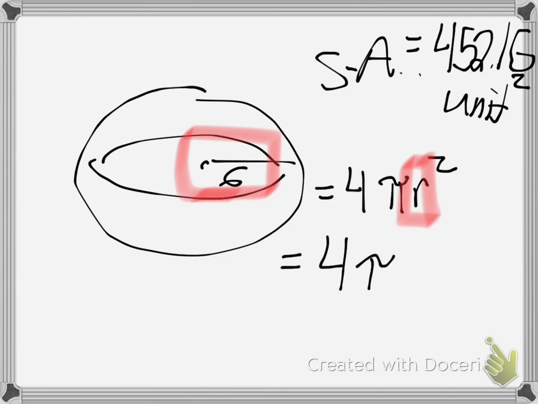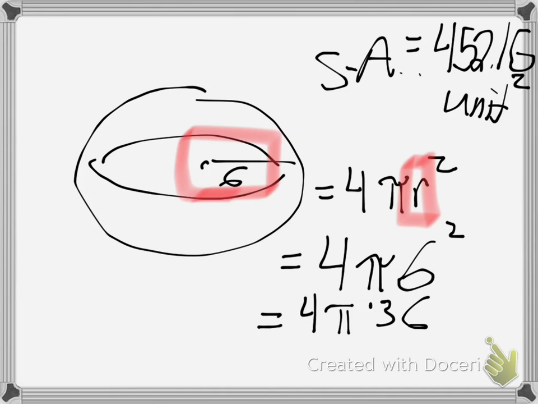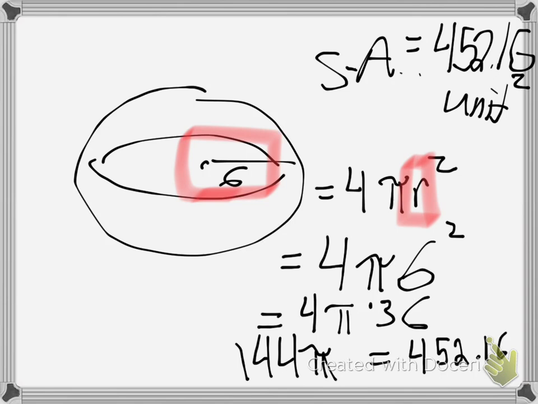So 4 pi times 6 squared. 6 squared is 36, so 4 pi times 36. 4 times 36 is 144, so 144 pi, which when you multiply by 3.14, you get 452.16 units squared.